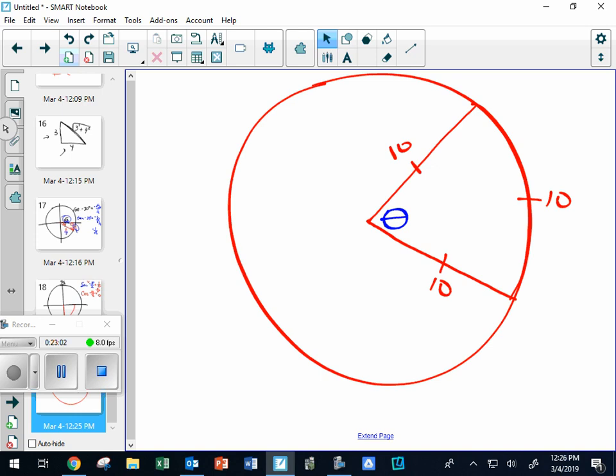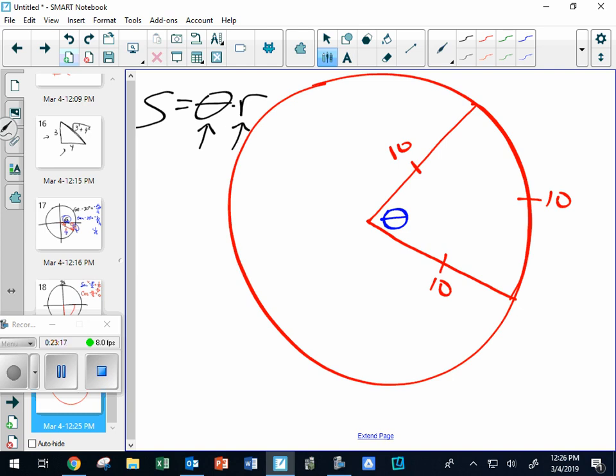If you can't remember it from that, you could remember it from this. That's the formula that you'd use. That's the answer, the angle in radians, which we don't know. That's the radius. And what's that? I call it the S arc because it's S, but it stands for the arc. That's the arc length.